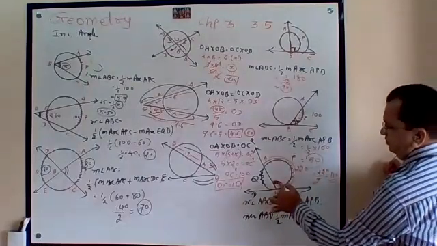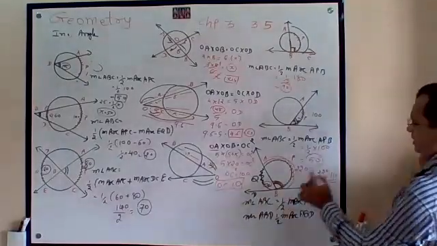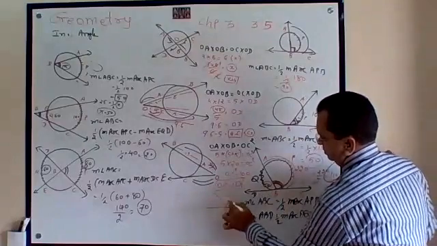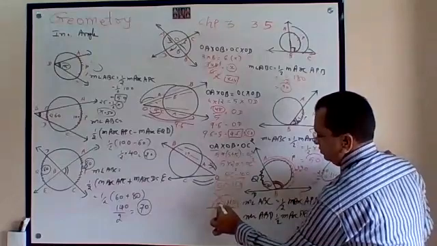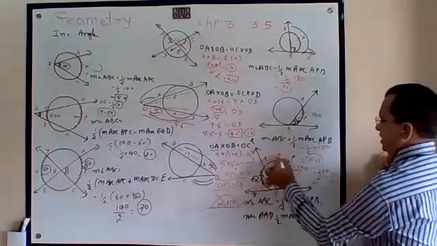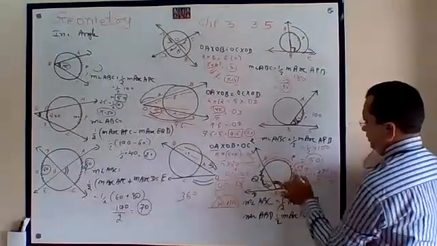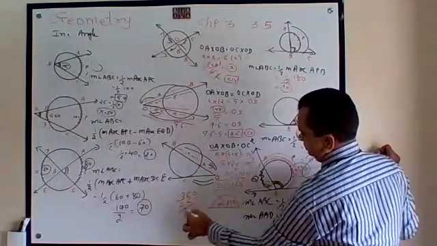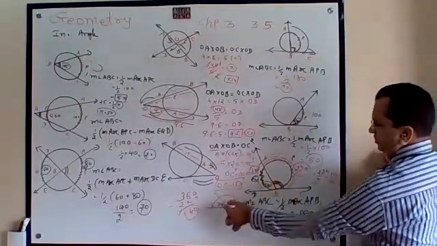Suppose this is 110, so automatically this is 70 because it is supplementary. 110 and total is 180, so 180 minus 110 is 70. Similarly, the full circle is 360 minus 220, which is 140. Half of 140 is again 70.